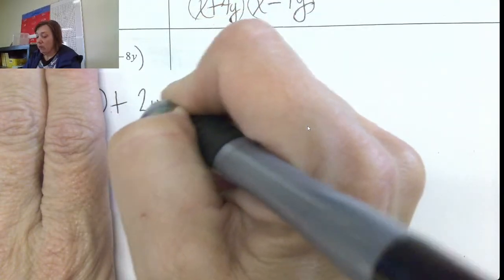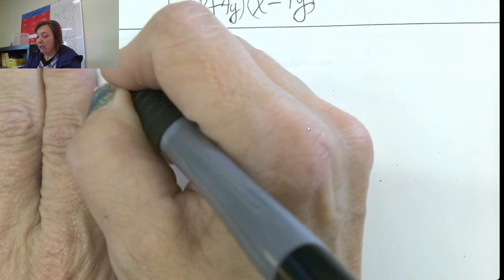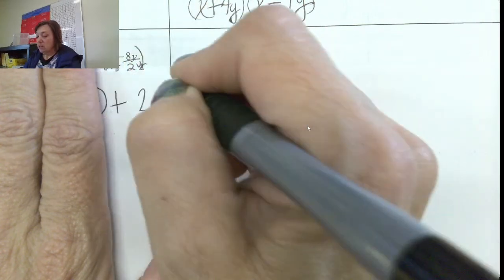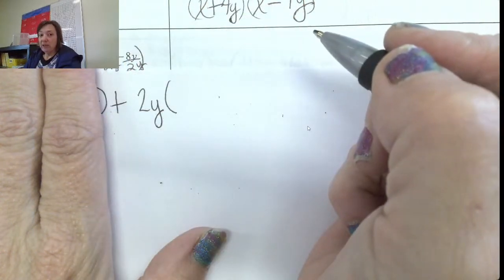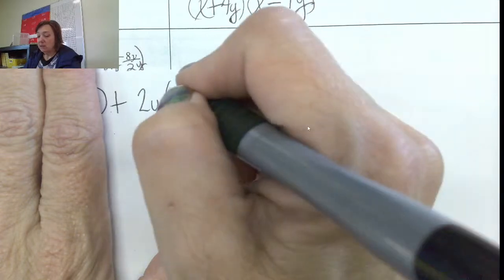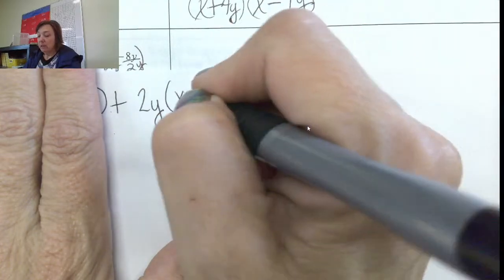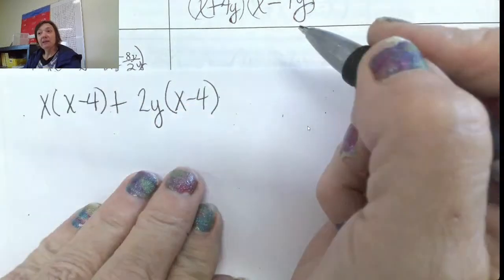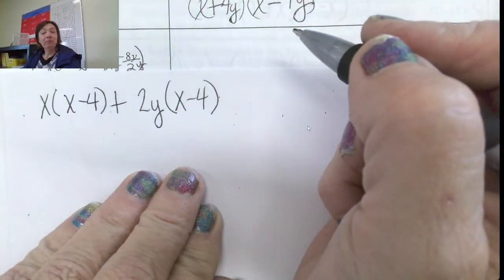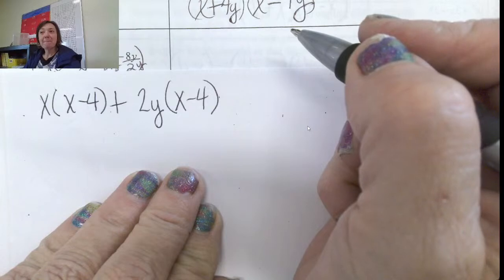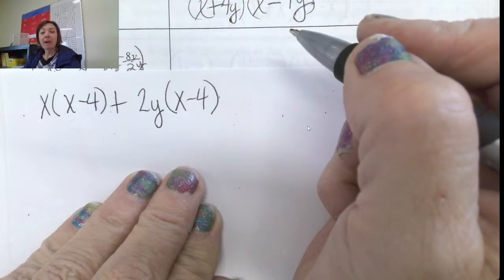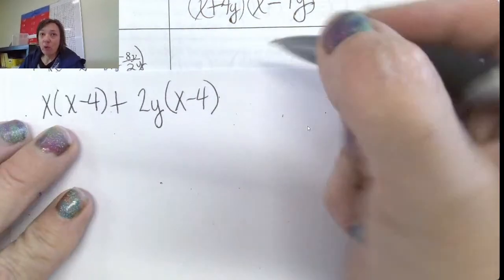So both of them can be factored by 2 and by Y. So that's going to give us X plus 2Y, and on the other one, it's X minus 4 again. Yes. So they both have X minus 4.